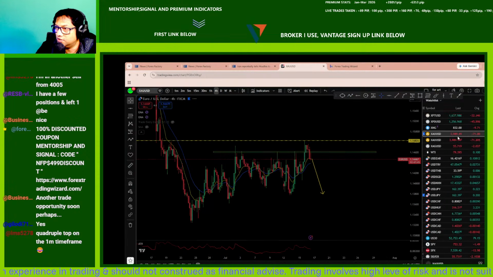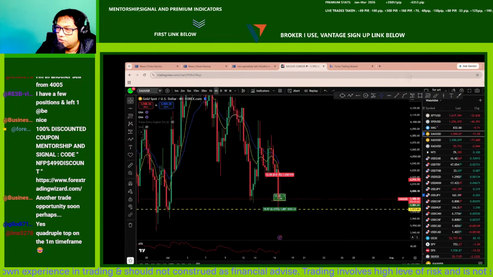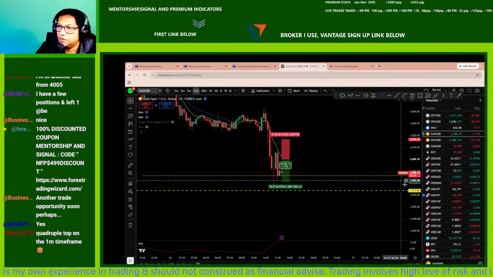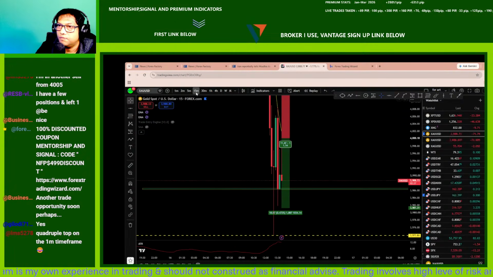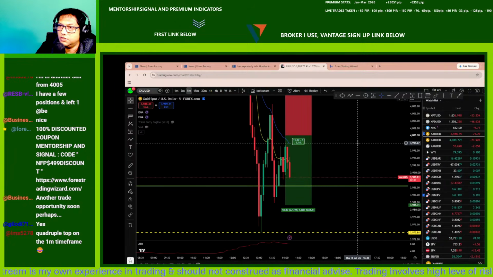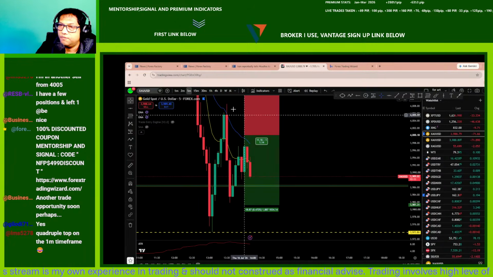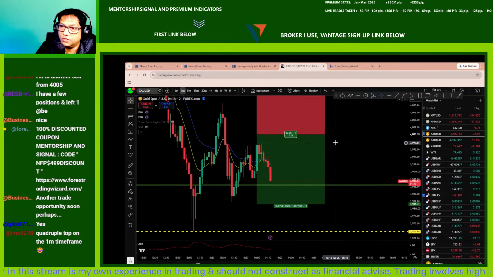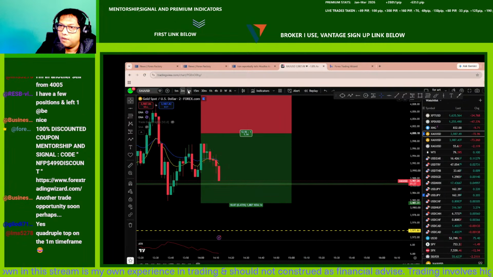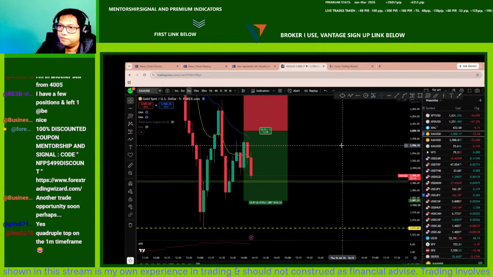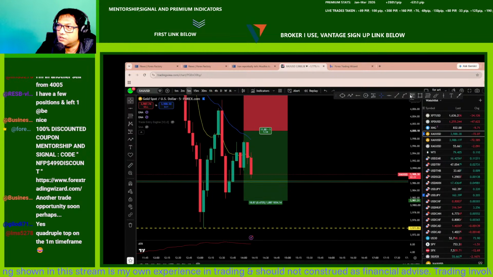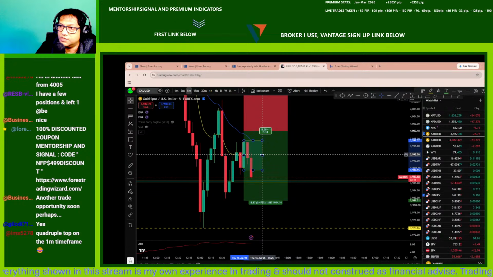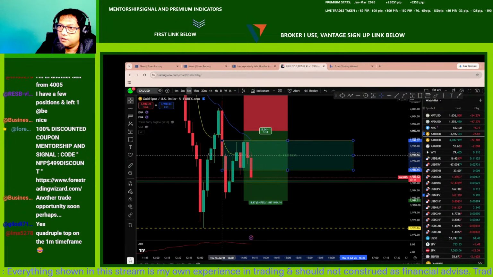So these are some of the analysis. Going back to gold, you can see there is a rejection. It's a head and shoulders. From here, this green candle potentially has created a liquidity gap.